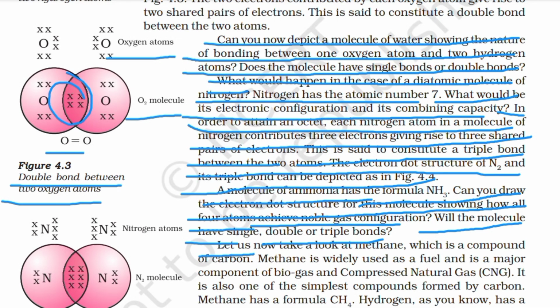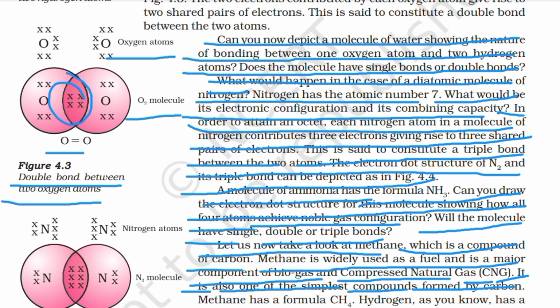Let us now take a look at methane, which is a compound of carbon. Methane is widely used as a fuel and is a major component of biogas and compressed natural gas, short form CNG. It is also one of the simplest compounds formed by carbon.